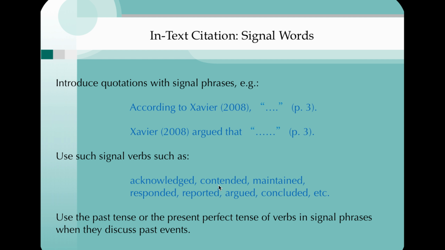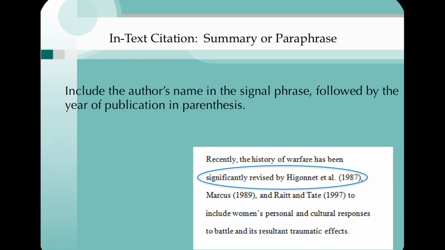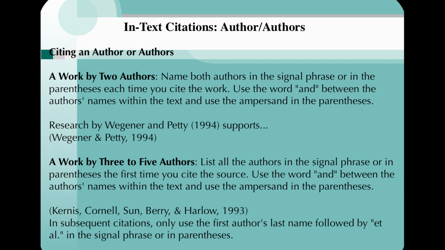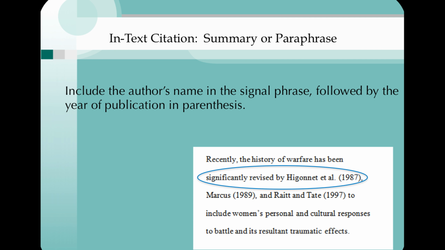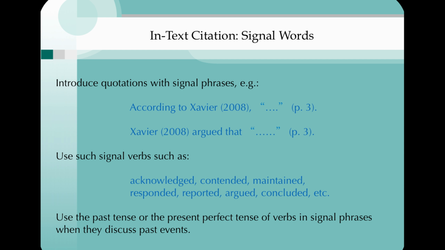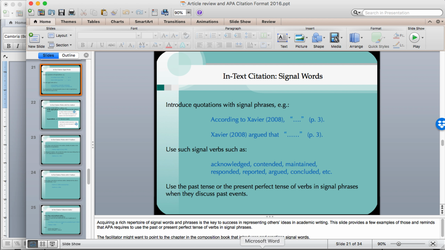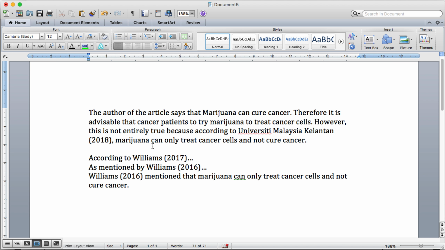So there are many words you can use in your citation, and there are two ways of citing. One is at the beginning of a sentence, like this: according to Xavier 2008. It can also be in the middle of a sentence, like this: UMK 2018. You can also put your citations at the end of a sentence.